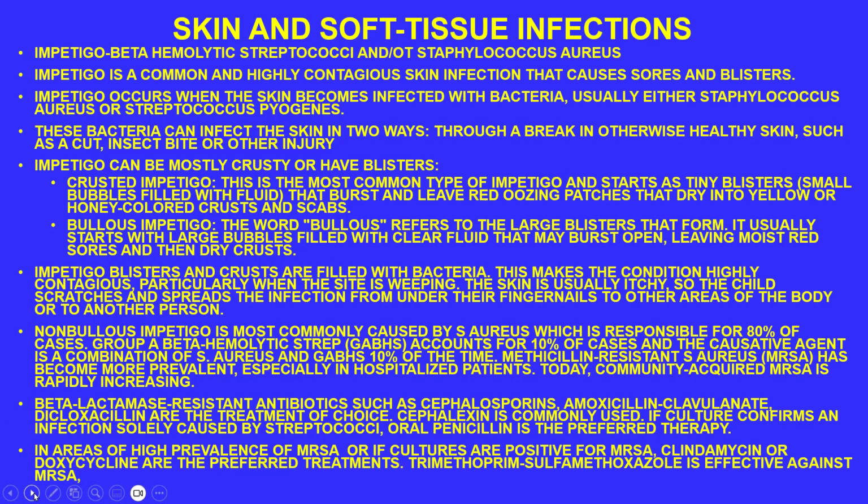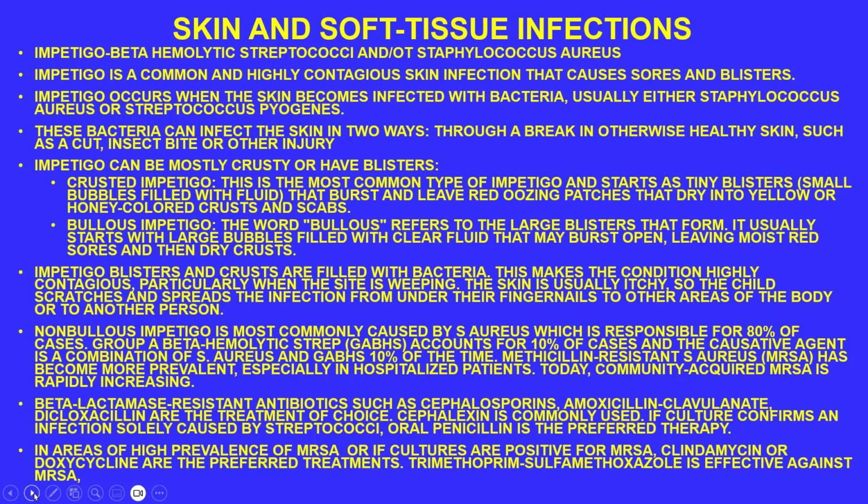Now, the first one we're going to be dealing with is Impetigo. This is a beta hemolytic streptococci or a Staphylococcus aureus. So it could be of either of these types of bacteria. It is a common and highly contagious skin infection that causes sores and blisters.